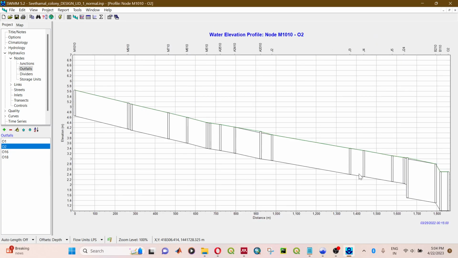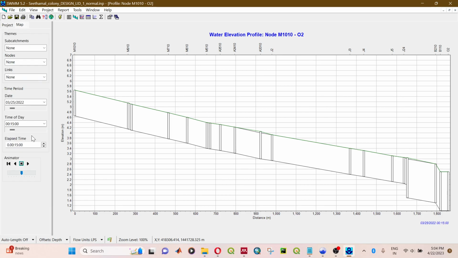You can see the profile of the stormwater drain. This is the longitudinal section which we have designed, and we have varying sizes throughout the entire stretch of the channel.